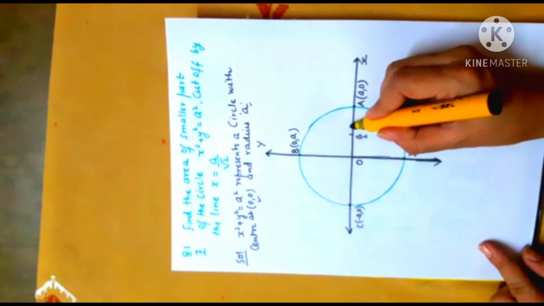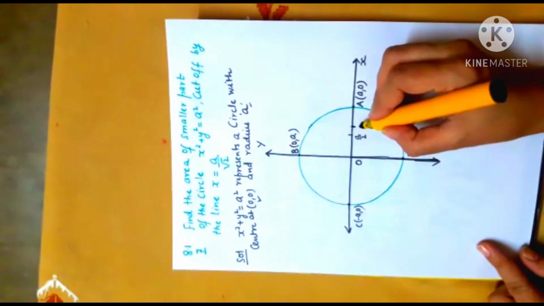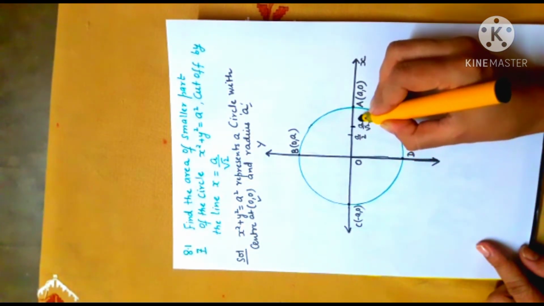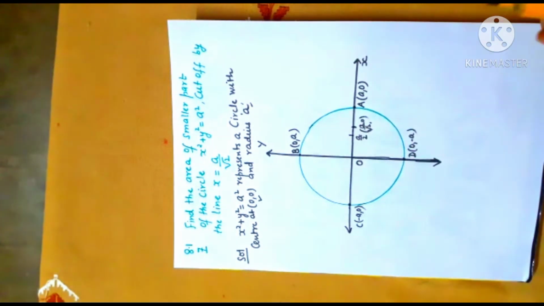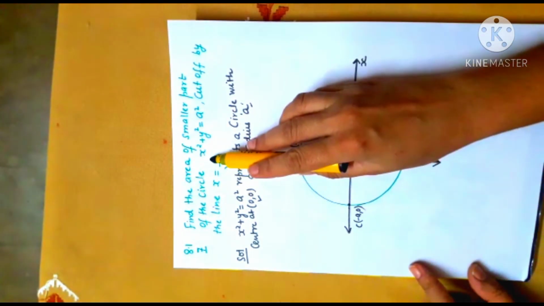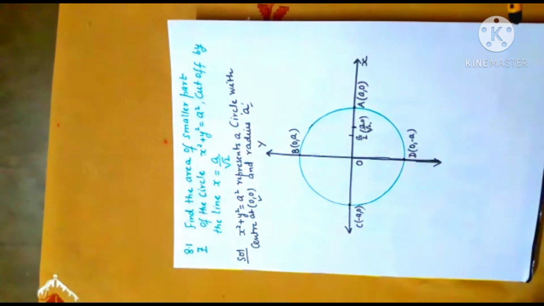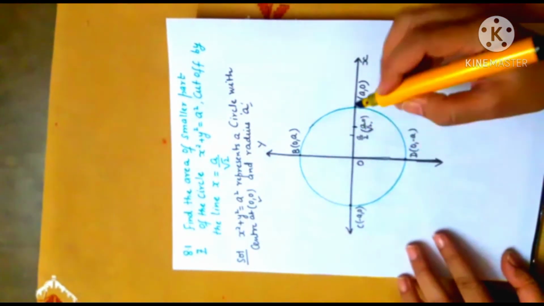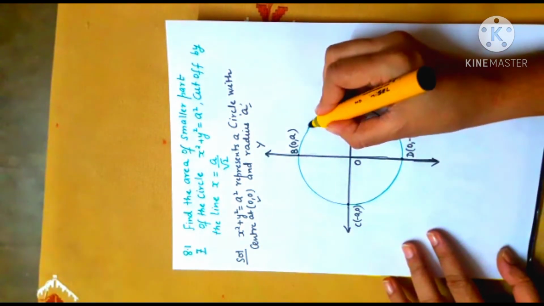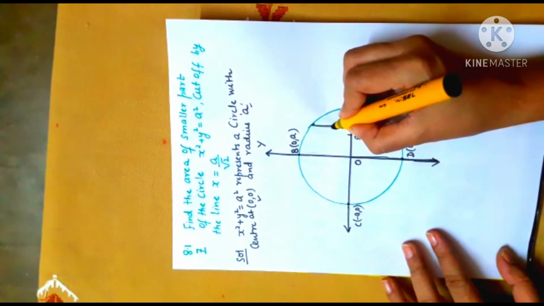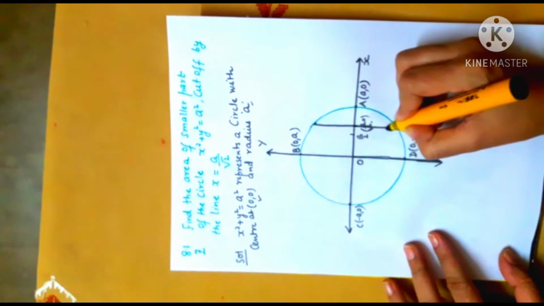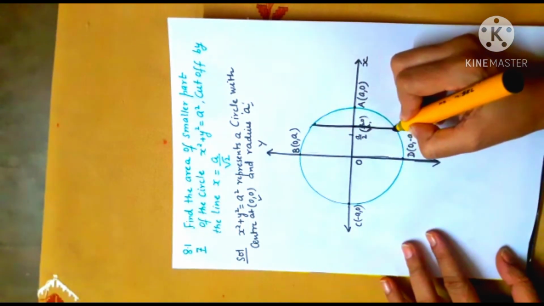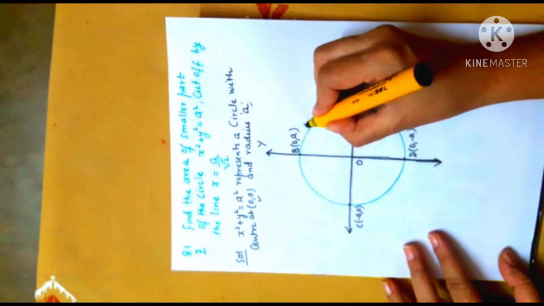So let this point be a over root 2 comma 0, right? Now x equal to a over root 2 will be a line parallel to y-axis drawn at this point. So let the line be this, parallel to y-axis. So this is the line.